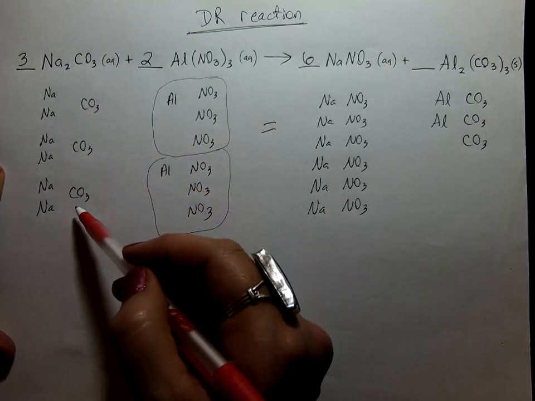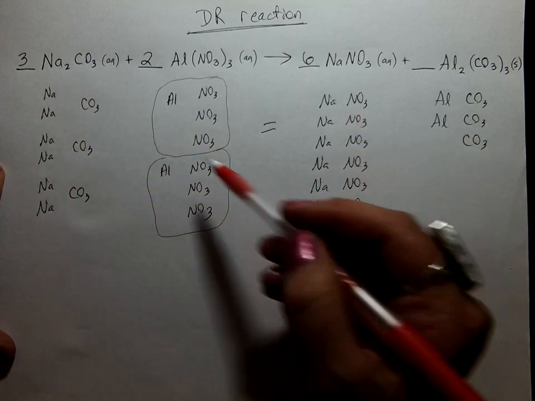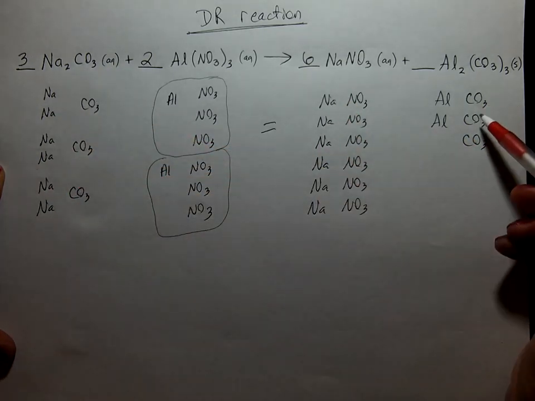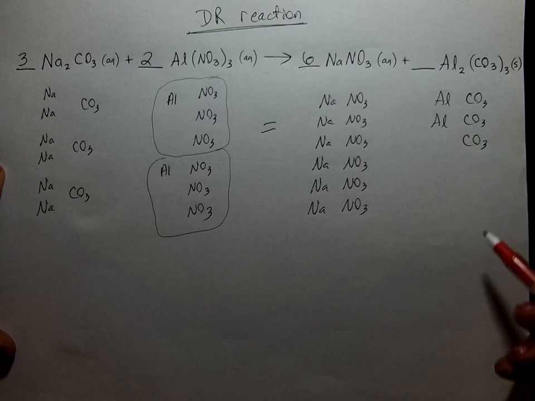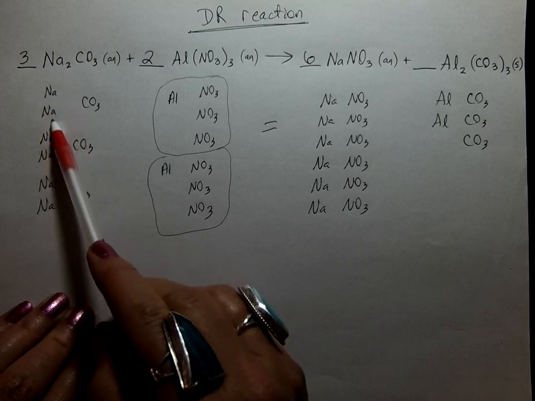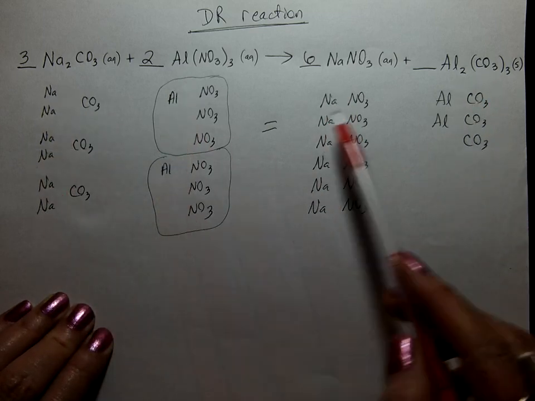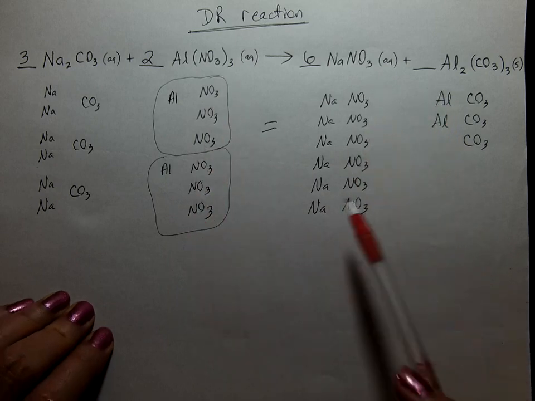So 1, 2, 3 Na2CO3s. 6 sodiums to go with the 6 sodiums. Gives me 3 carbonates, and guess what? 3 carbonates. Alright, let's double check everything again. 6 sodiums, 6 sodiums. 3 carbonates, 3 carbonates. 2 aluminums, 2 aluminums. 3 nitrates, 3 nitrates.